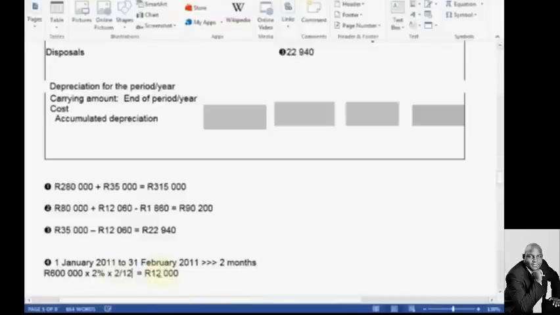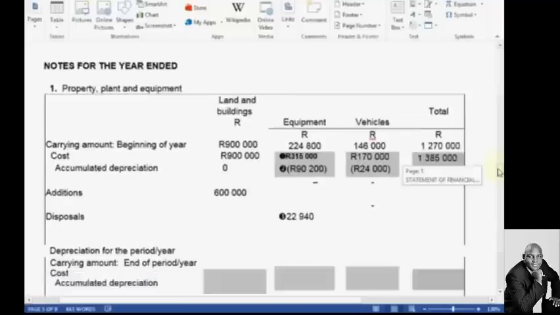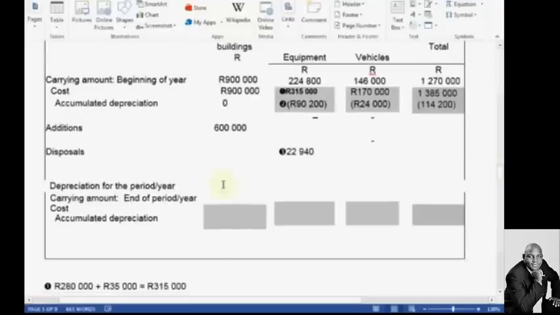So that will be times 2/12. Okay, so it will be 600,000 times 2% times 2/12. It's going to give me 2,000. Okay, so that's workings number 4. So depreciation for the year is 2,000.